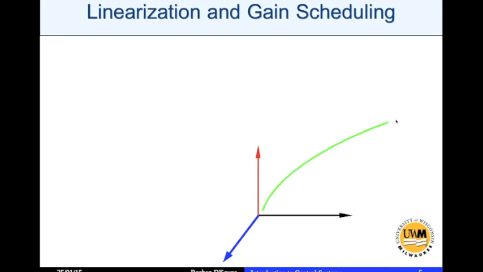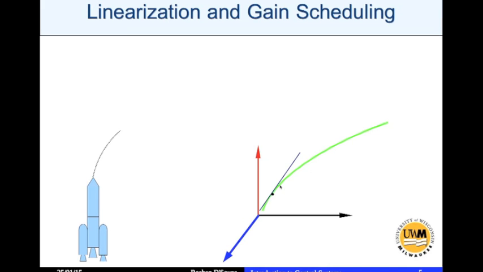Where is it used? For example, launching a rocket, a highly nonlinear system. It starts off and let's say this is the actual behavior of the rocket as it flies. At the initial launch stage, you could say this is my operating point, and then find the linear approximation of the nonlinear dynamics.